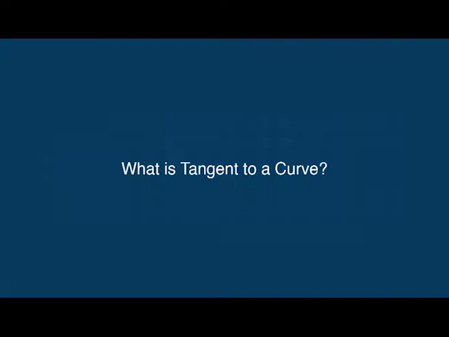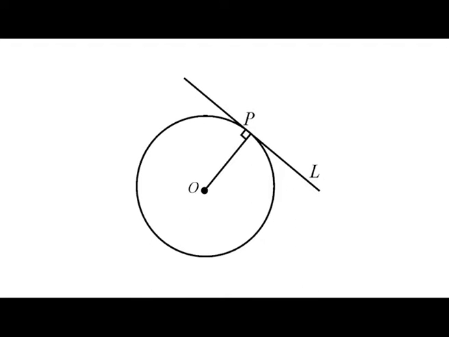What is tangent to a curve? Now let us try to answer the question. What is tangent to a curve? We have seen that for a circle, tangency is straightforward. That is, a line is a tangent to a circle if it meets the circle at precisely one point.